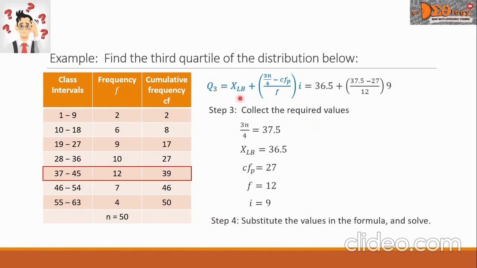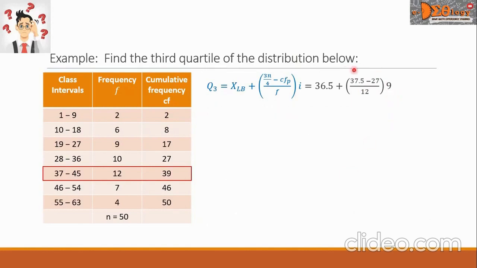The x sub LB is now 36.5 plus the 3n over 4 is 37.5 minus the CF sub P, that is now 27, all over the F, which is 12, times the quantity I, which is equal to 9.